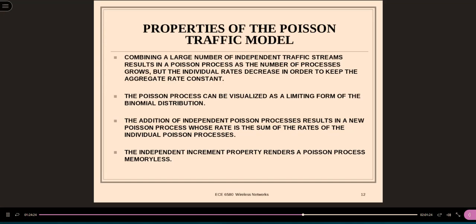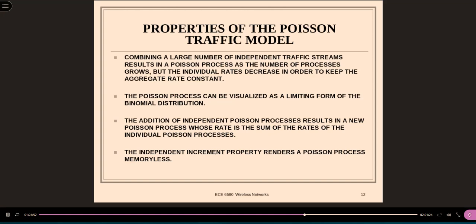Now, the other way that you can get a Poisson process is when you combine a large number of independent traffic streams that individually arrive at random. So again, at a point of collection, at a hotspot, if you like, let's say in a Wi-Fi configuration, a lot of people are making a phone call, and this hotspot sees a lot of independent traffic streams.